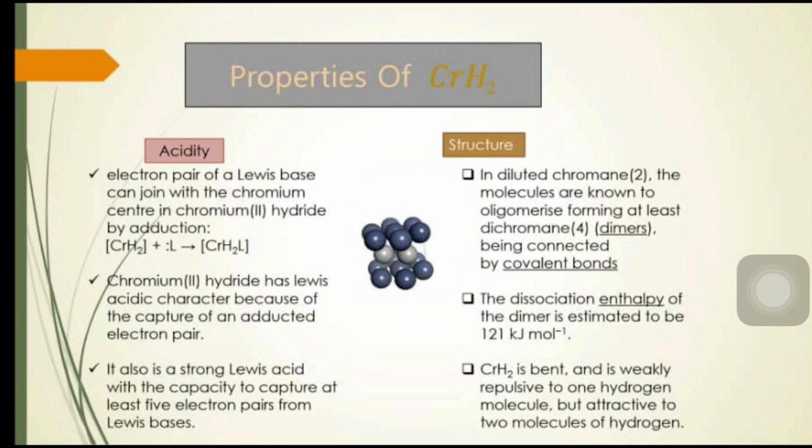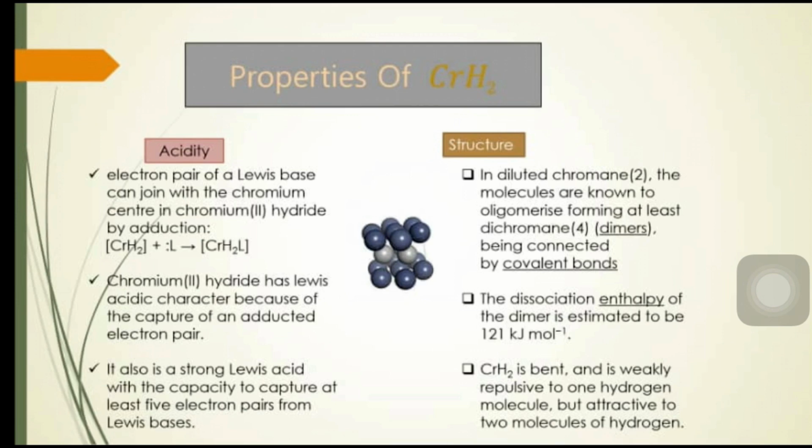Okay, next is the structure. In dilute chromium(II) hydride, the molecules are known to oligomerize, forming at least dichromium hydride, Cr2H4, which are dimers connected by covalent bonds. The dissociation enthalpy of the dimer is estimated to be 1 to 1 kJ per mole.